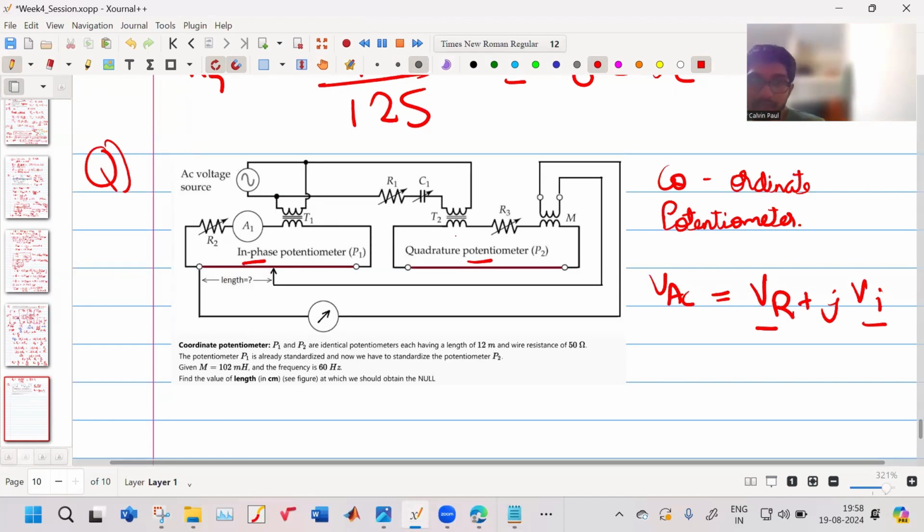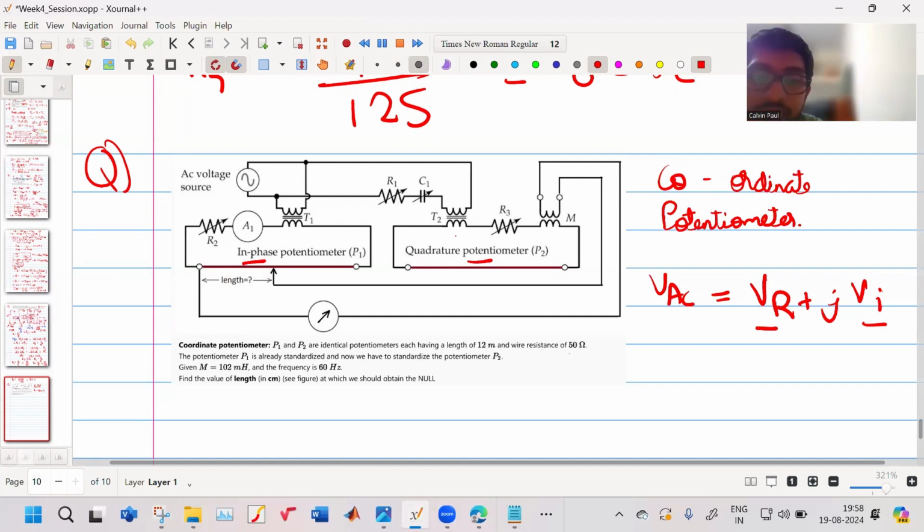So now what they have given is: P1 and P2 are identical potentiometers. They each have a length of 12 meter and a wire resistance of 50 ohm. P1 is already standardized. P1 has already been calibrated. And now we want to standardize the potentiometer P2.